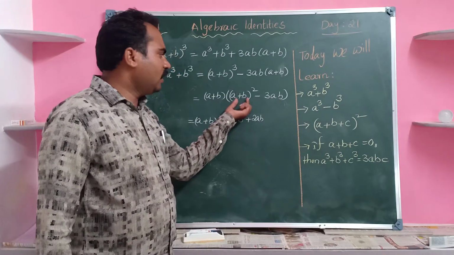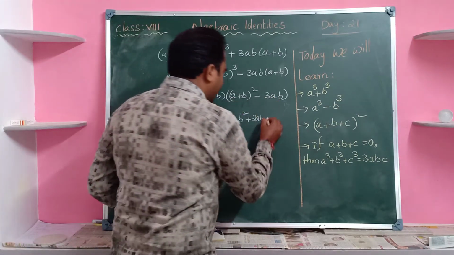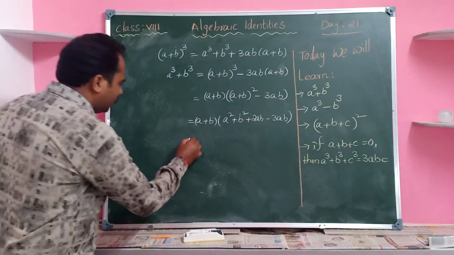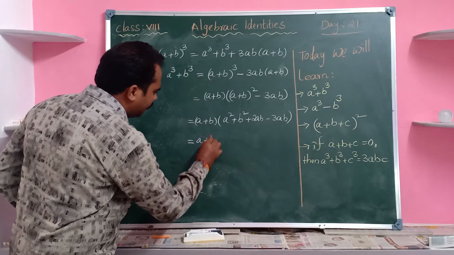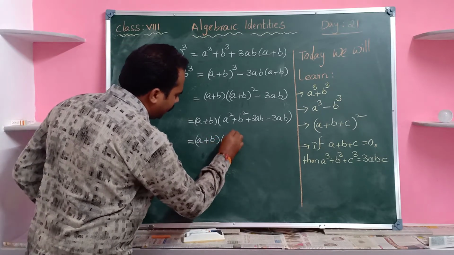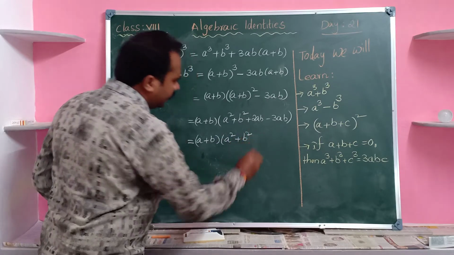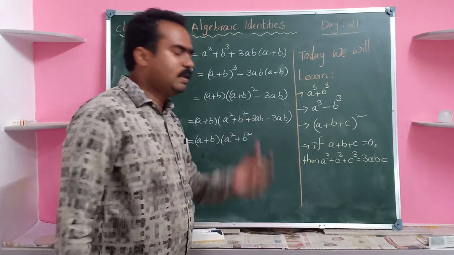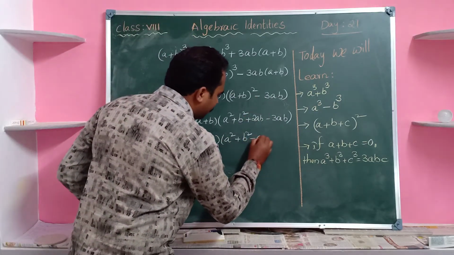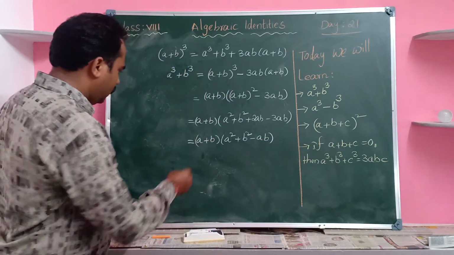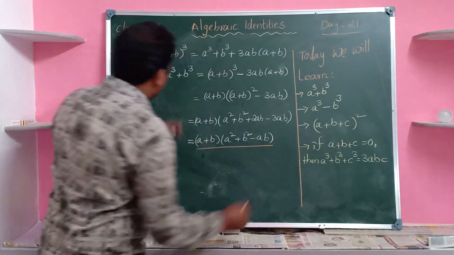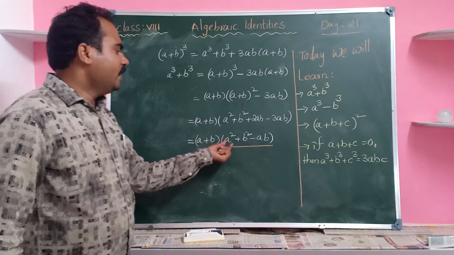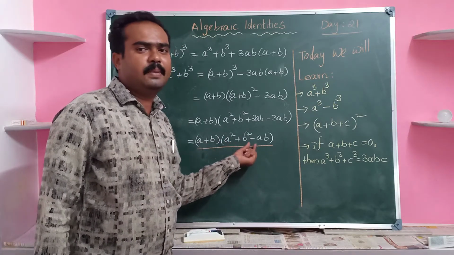So this is the expansion of (a+b)^2 minus 3ab. So this is equal to (a+b)(a^2 + b^2 + 2ab - 3ab). Plus 2 minus 3 is minus 1, minus ab. So a^3 + b^3 is equal to (a+b)(a^2 + b^2 - ab).